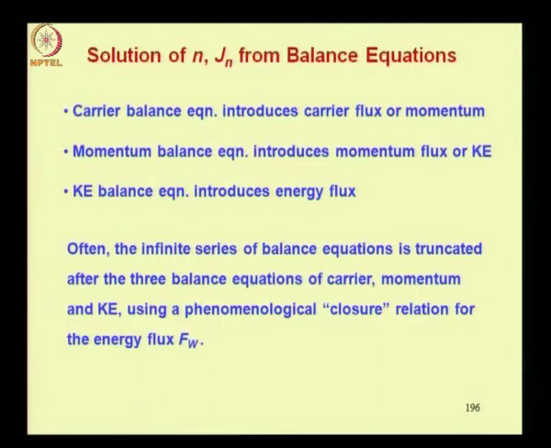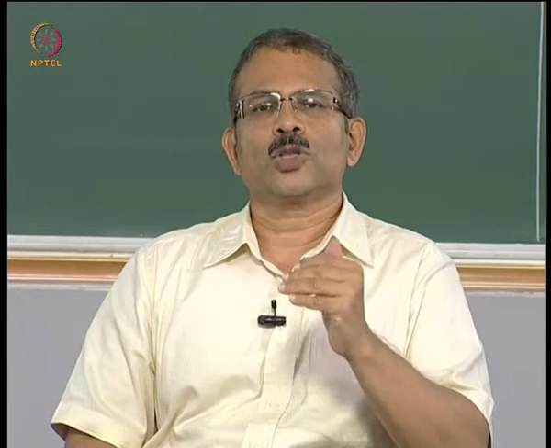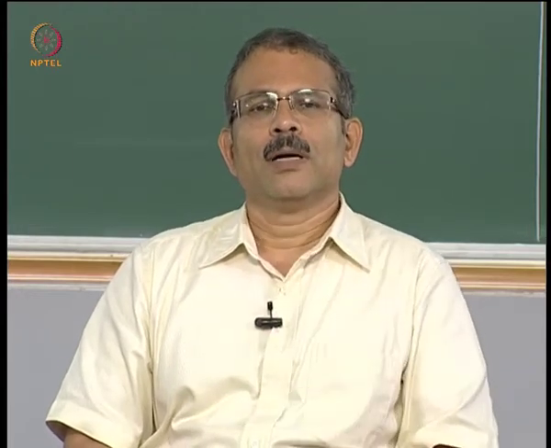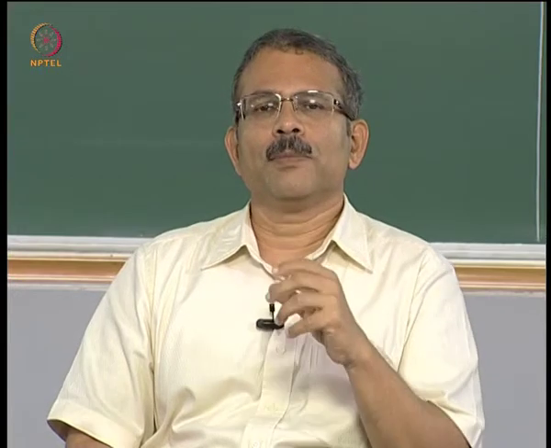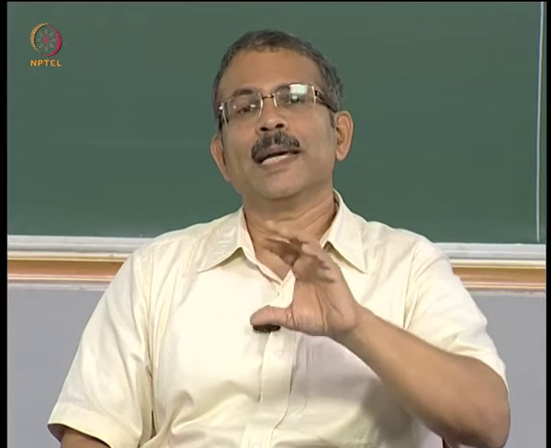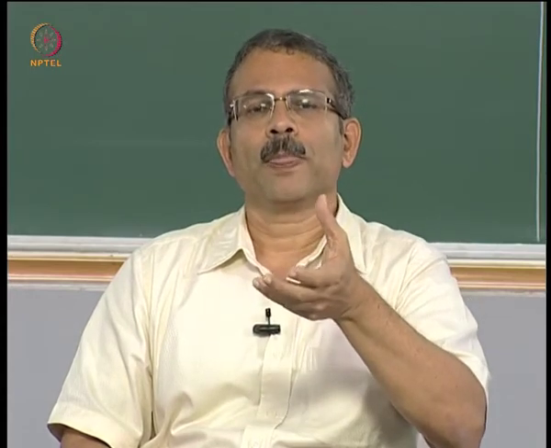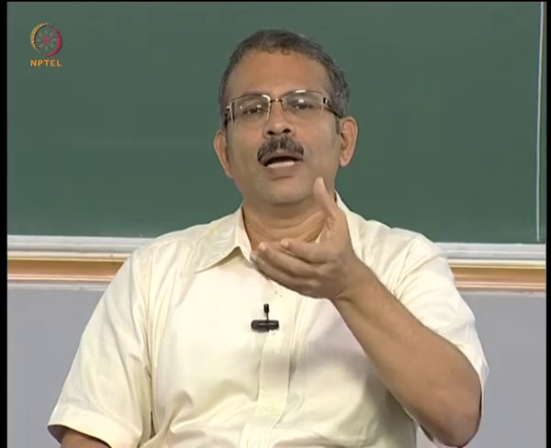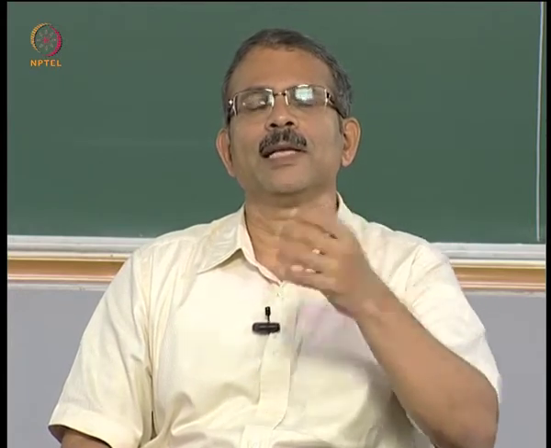So you stop after the three equations. Now you do not have a relation for Fw solved from other fundamental equations, so you make an assumption about Fw. This assumption is based on your observation of how kinetic energy flux varies with various quantities.